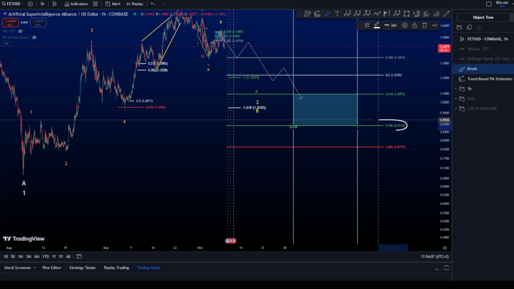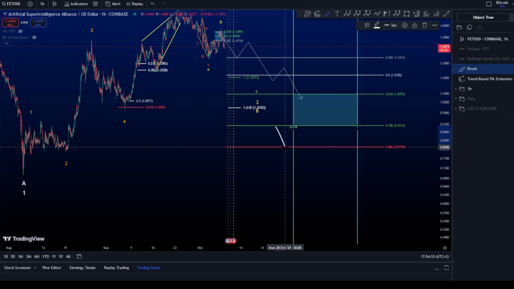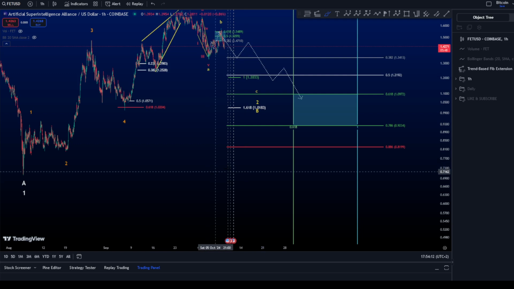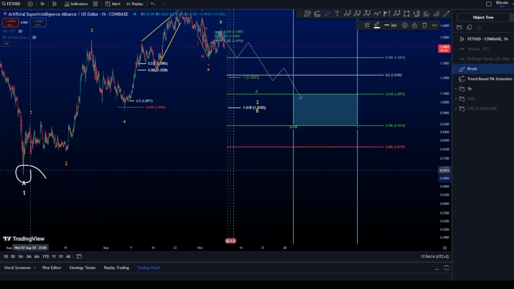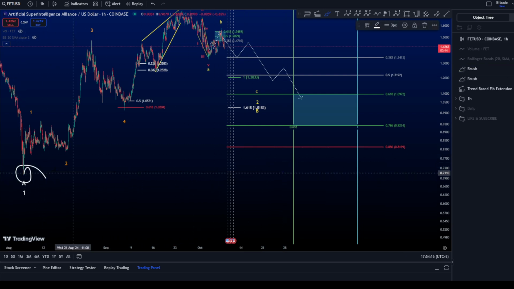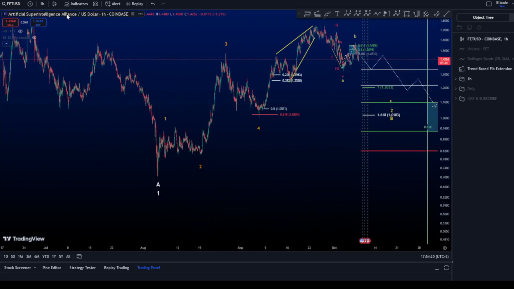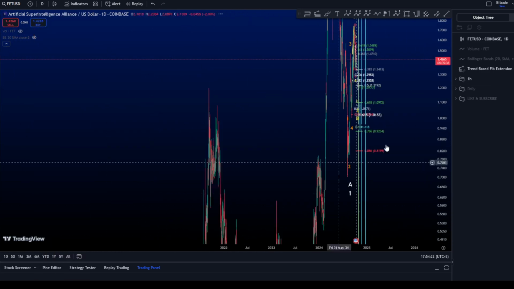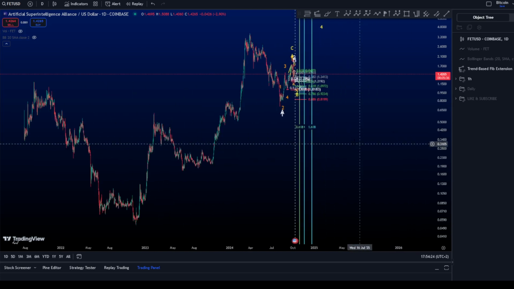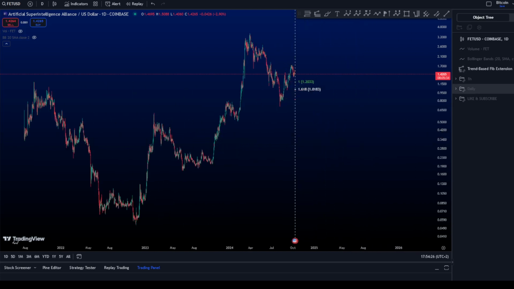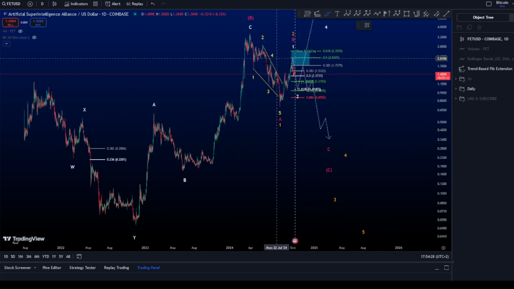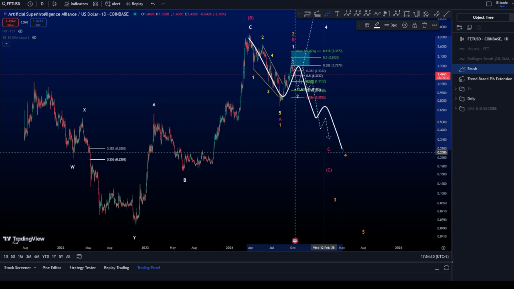If we break this level, then you want to reach the 886. By reaching the 886, you want to reach a new low. And by reaching a new low, you're looking for lower prices, which opens the scenario for our daily bearish scenario, which is the 5 waves towards the downside.